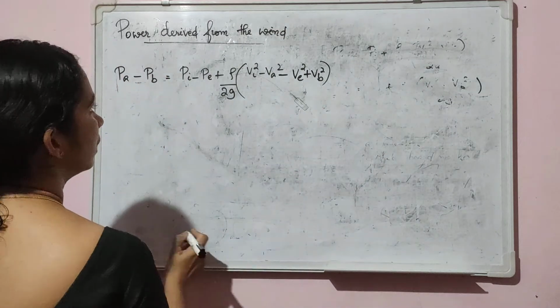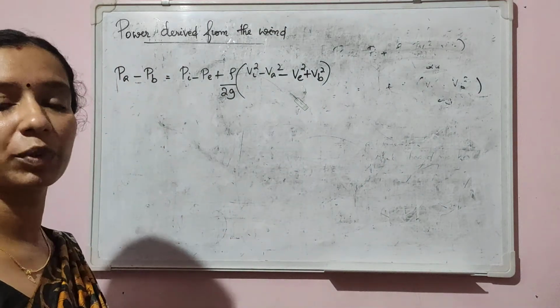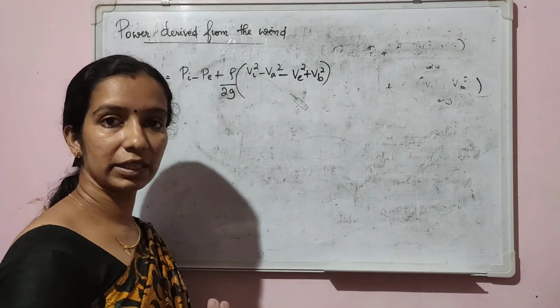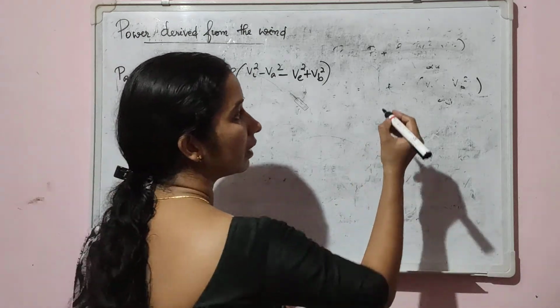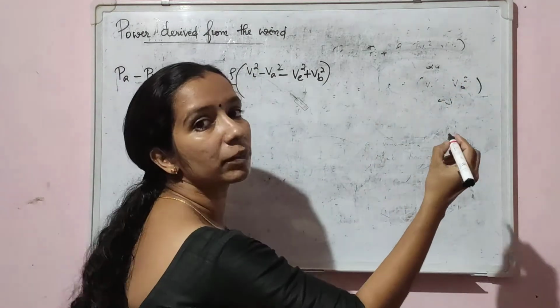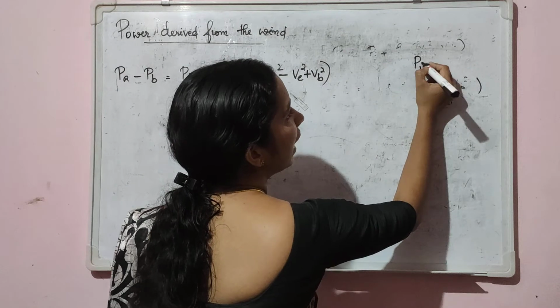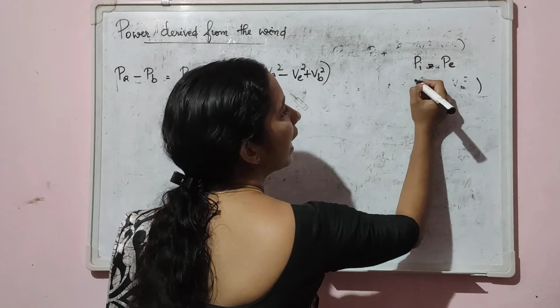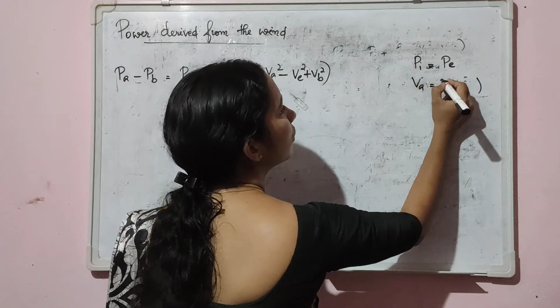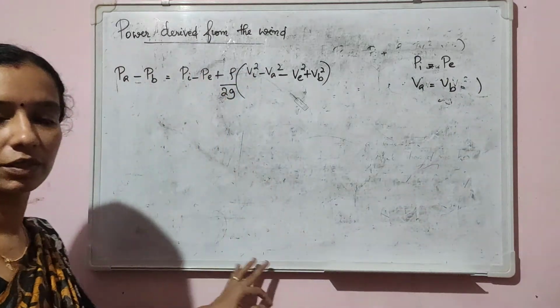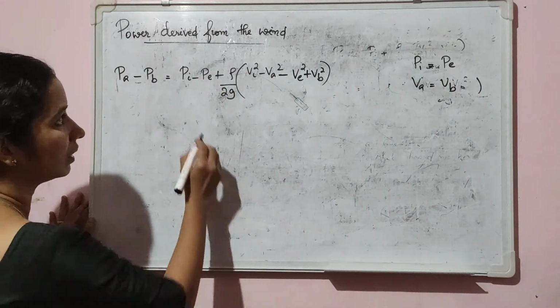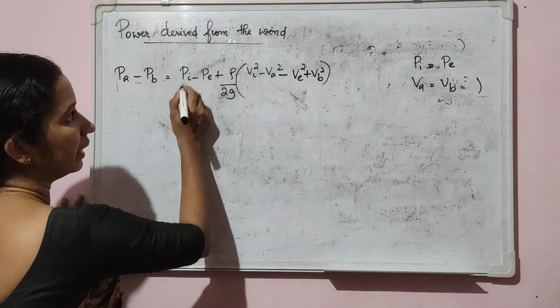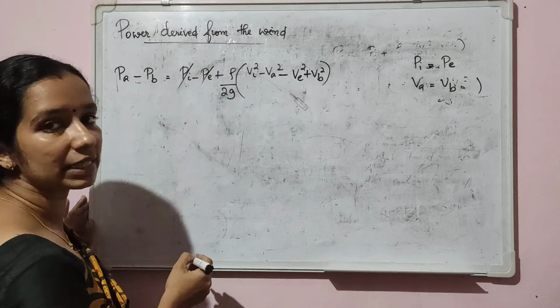Now, while drawing the pressure and velocity variation graph, we made two assumptions: Pi is equal to Pe and Va is equal to Vb. Let us substitute that here. Since Pi is equal to Pe, these two terms get cancelled.